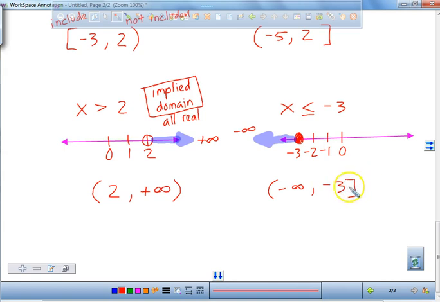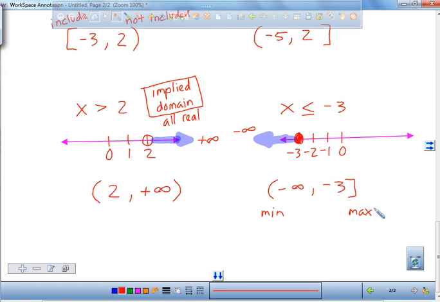You see how the hard bracket here, what am I saying? Now, here's the cool thing about interval notation. You put your biggest number on the right, and you put your smallest number or concept on the left. It makes it really easy. So what's being graphed? Everywhere from negative infinity all the way up to -3. And what does the hard bracket mean right here? That you're including that number.